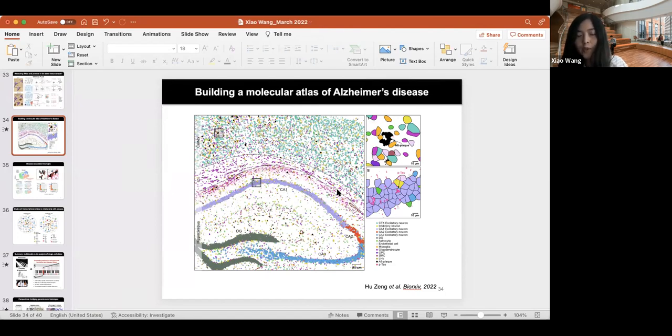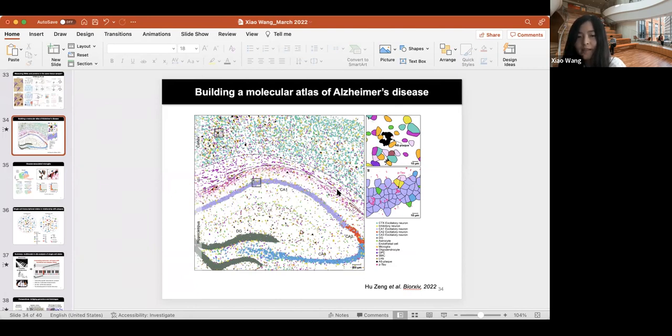In our STARmap measurements, we didn't do reverse transcription. So our efficiency is somewhere between 10% and 50% of all the RNAs, which is quite comparable with single cell RNA sequencing, and we can actually achieve higher efficiency.